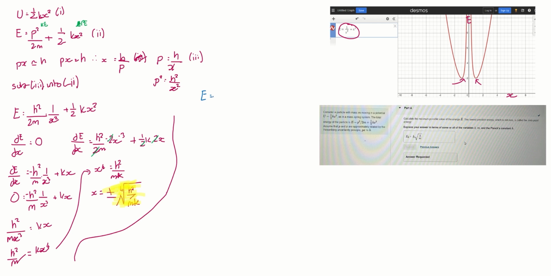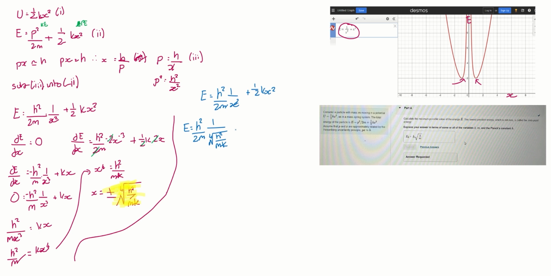E equals h squared over 2m, 1 over x squared plus a half kx squared. So really now this is just going to test your algebra more than anything. So we're going to sub in our value for x. So we have E equals h squared over 2m, 1 over, I'm just going to do every single step just so you can see, because the algebra can sometimes be a little bit tricky, h squared over mk.